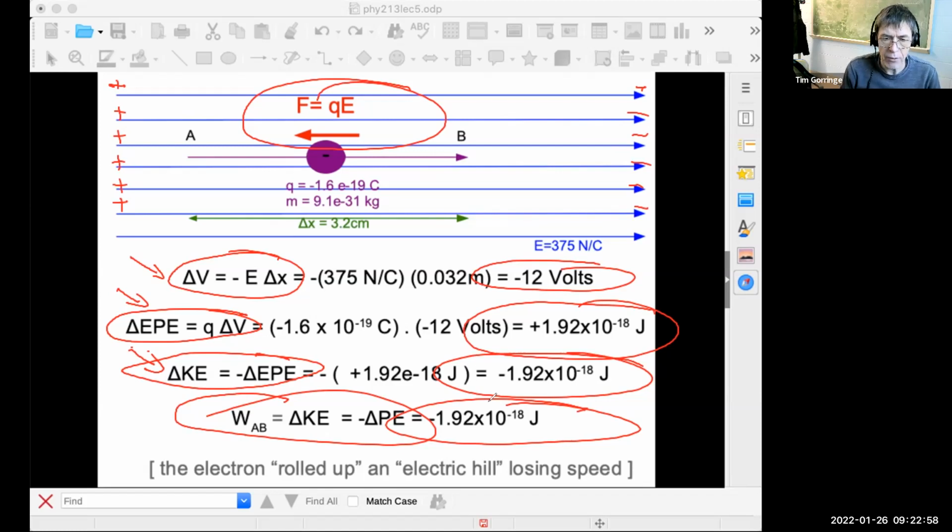In this problem, if you wanted to visualize the proton case and the electron case, as I say, I imagine the proton as rolling down a hill, and I imagine the electron as rolling up a hill, just like I could imagine myself as rolling down a hill or rolling up a hill. If I roll down, I'm going to acquire kinetic energy. Positive work is done on me. If I roll up, I'm going to lose kinetic energy. Negative work is done on me.